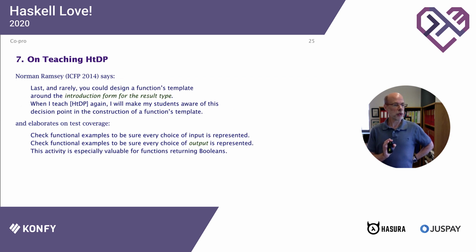I should say that I'm not the first to make these points. Norman Ramsey had a very nice paper at ICFP in 2014, an experience report on teaching from the How to Design Programs book. And in his conclusions, he says you could design a function's template around the result type rather than the input type. If and when he teaches it again, he's going to place greater emphasis on this.